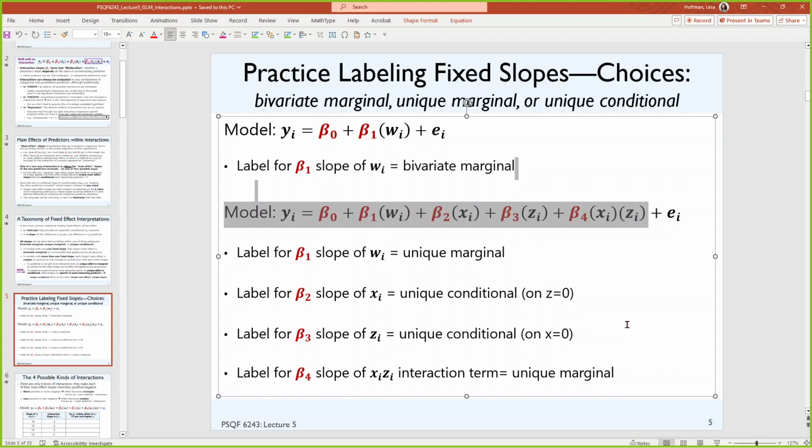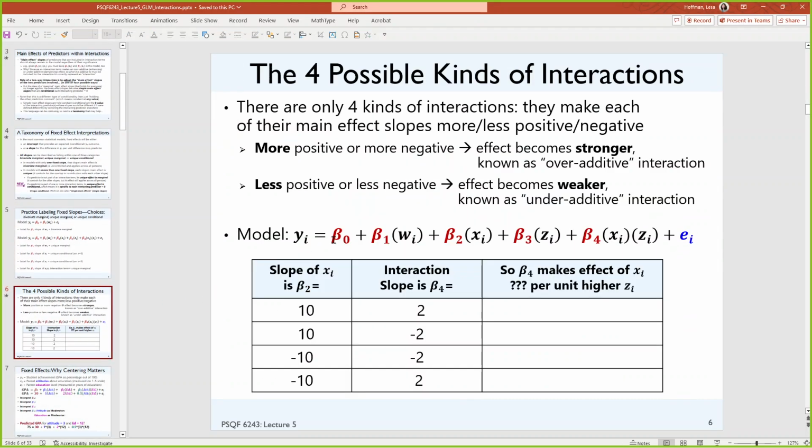Okay, good. The good news is that this gets fairly straightforward if you can learn the four kinds of interactions. There's only four. And guess what? You already learned this because it's the same kind of thing as quadratics. An interaction term takes each of its main effect slopes and makes it more positive, less positive, more negative, or less negative. That's it. You figure out what quadrant you're in and you're good to go.